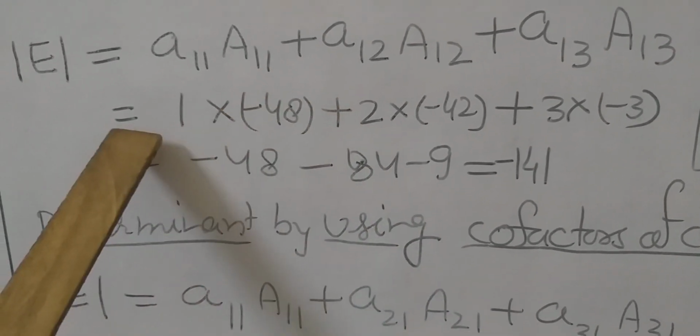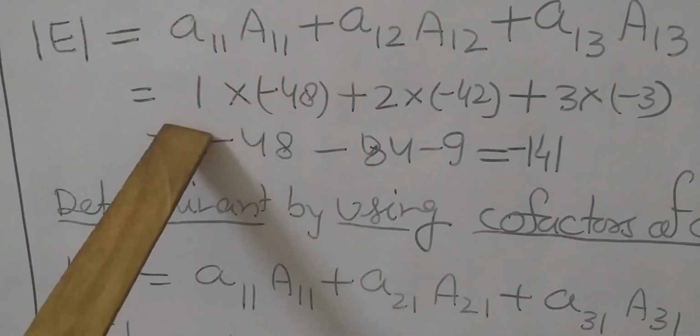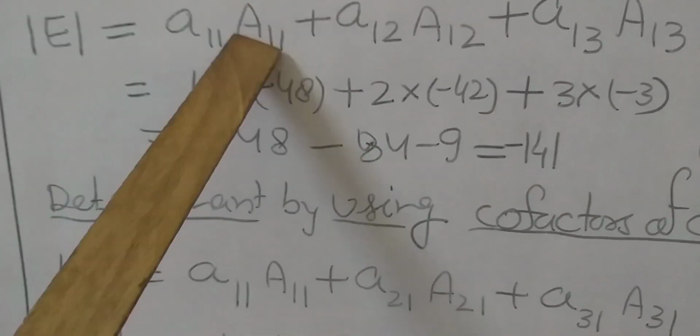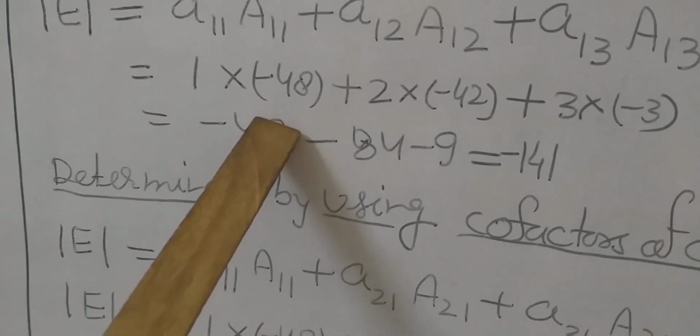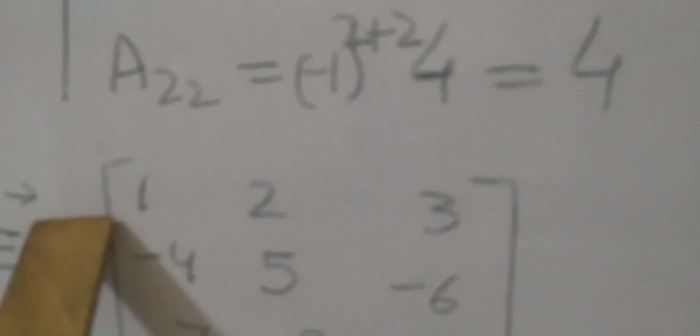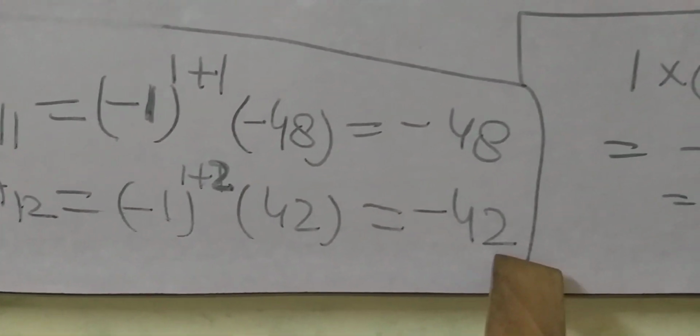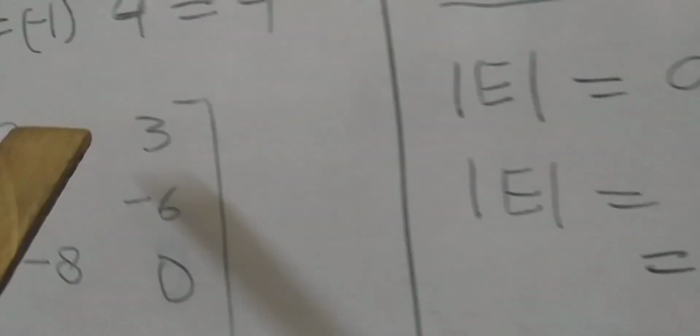Students, you can see a11 value is 1, its cofactor A11 is minus 48. a12 value is 2 and its cofactor A12 is minus 42. a13 value is 3 and its cofactor A13 is minus 3.